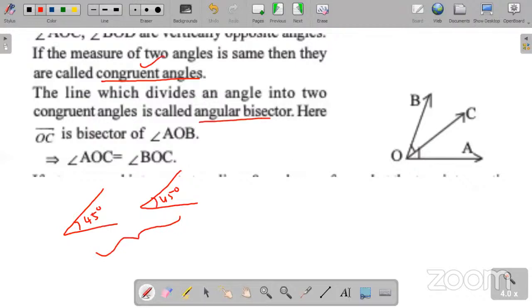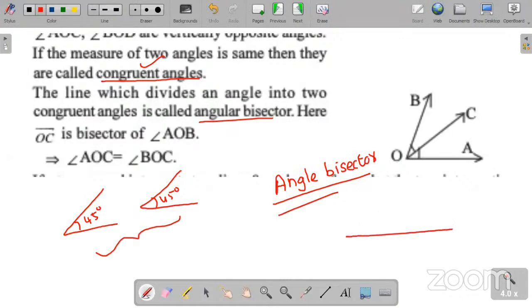Next we are going to discuss the angle bisector. This is very important. Don't get confused. What is meant by the angle bisector? For example, take one angle here, angle AOB. Suppose the measure of this angle is 60 degrees.